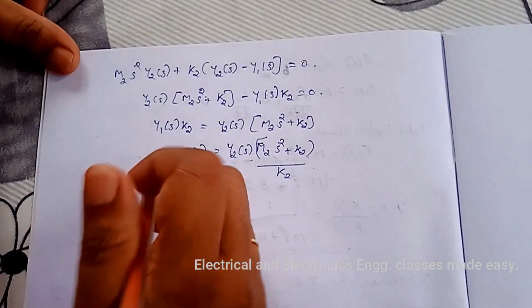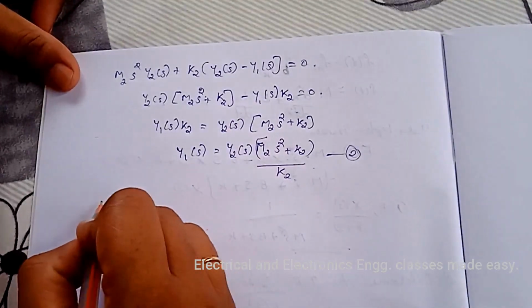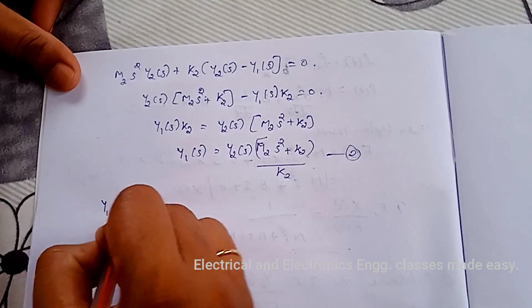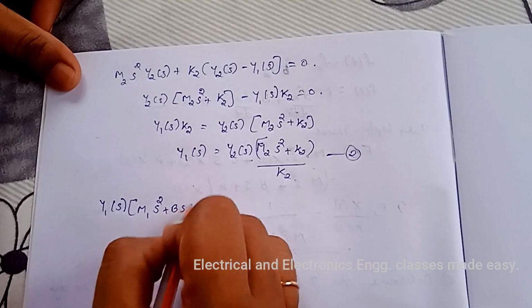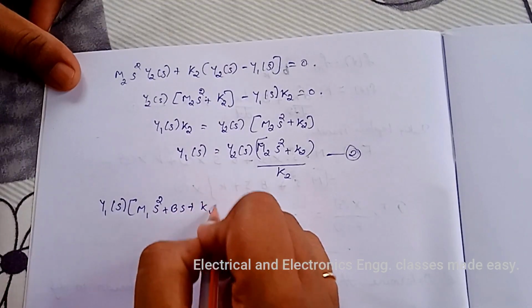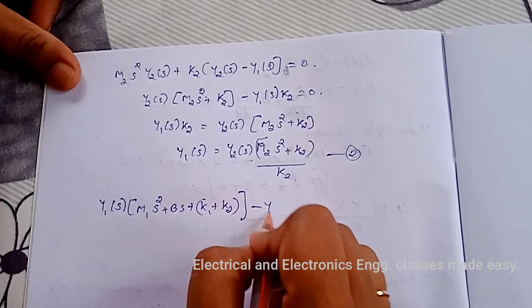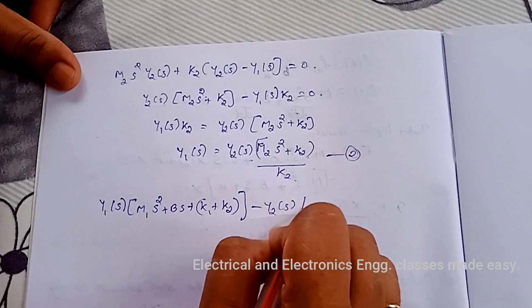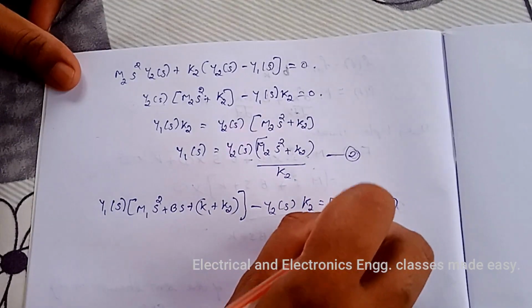So this is the second equation, and the previous equation was Y1(s) into m1 s square plus bs plus k1 plus k2 minus Y2(s) into k2 equal to F(s).